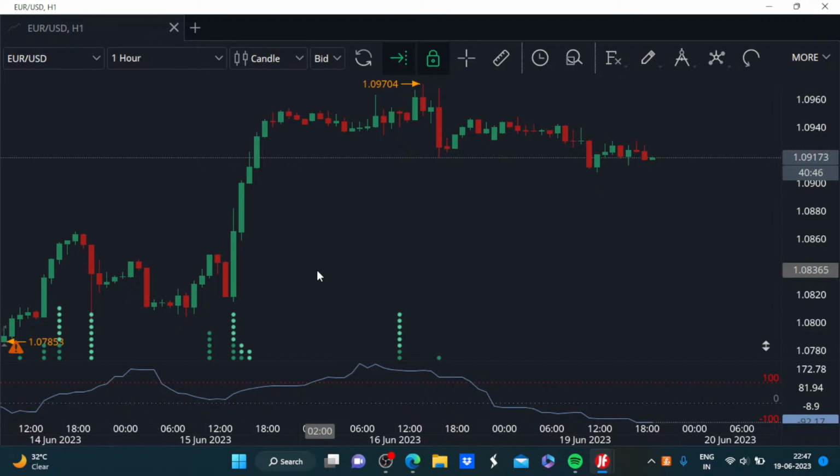Rather, we will see how we can utilize this indicator and customize it to look for profitable trading opportunities on this platform. I have already added it. To add it, all you need to do is a quick search. If you simply type in TTF, you will have this option appearing for you on the platform.